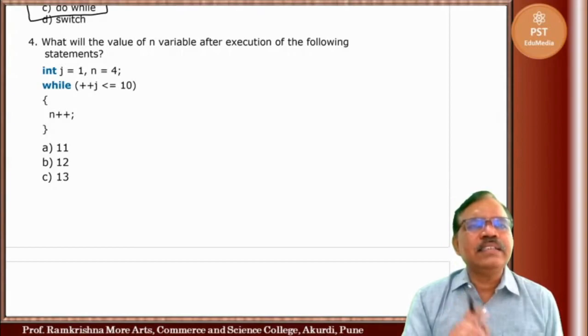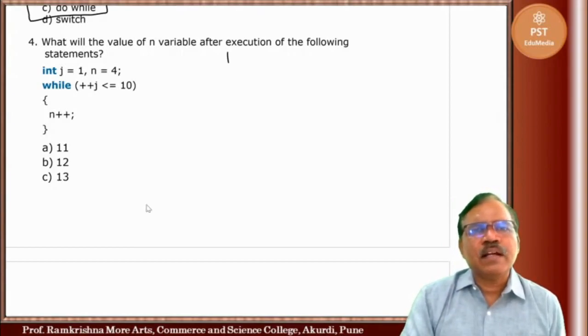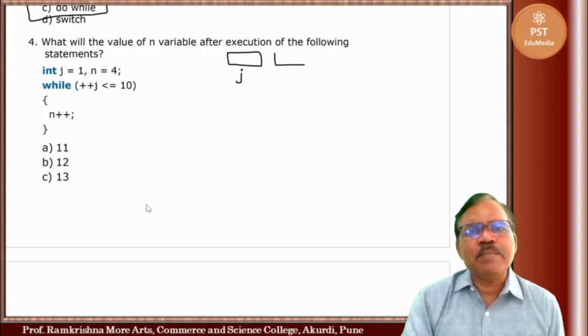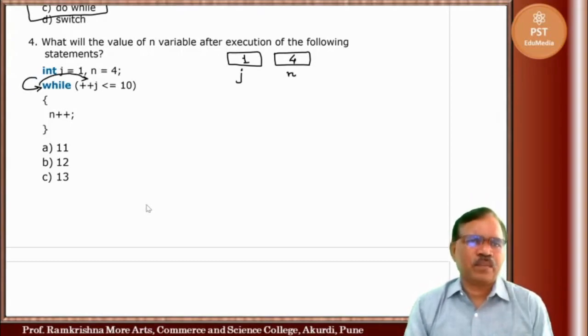So int j equal to 1, n is equal to 4. Initially, two variables are declared and memory is assigned to them. J equal to 1, n equal to 4. Then it comes here, while, and then it goes to condition.